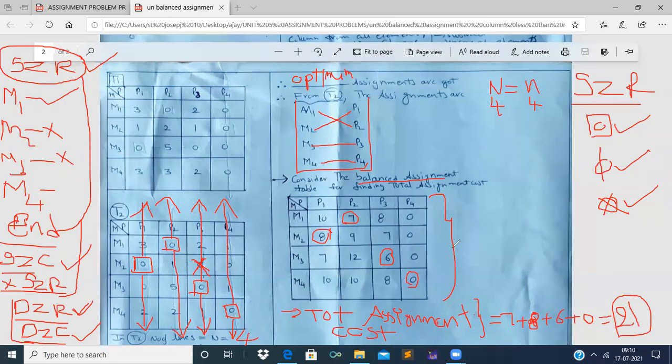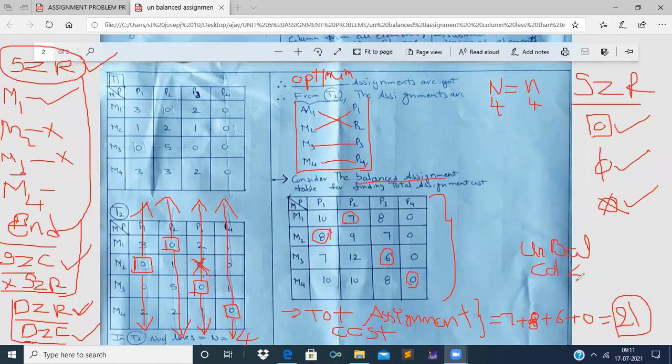So with this, the second model, that is the unbalanced assignment problem, in which the number of columns is lesser than the number of rows, is finished. It is finished today.